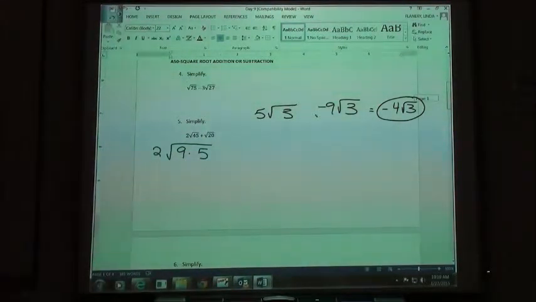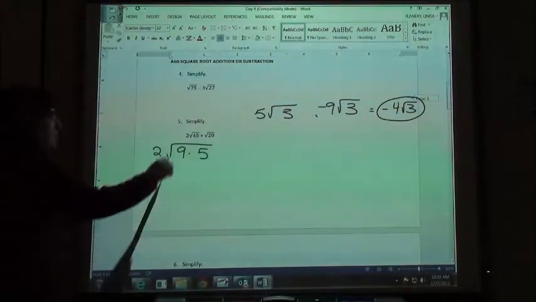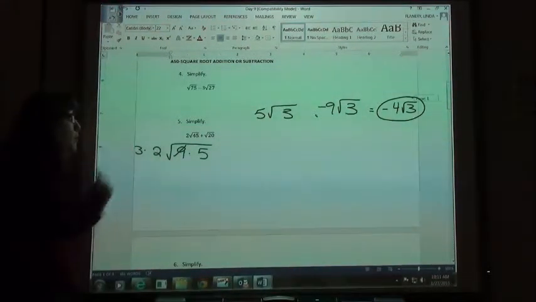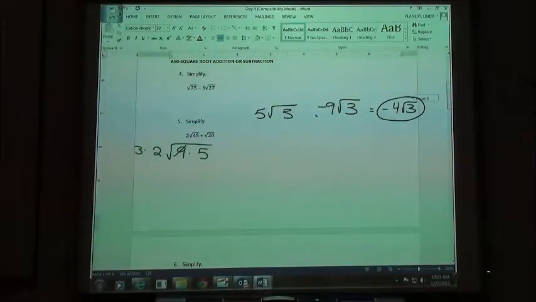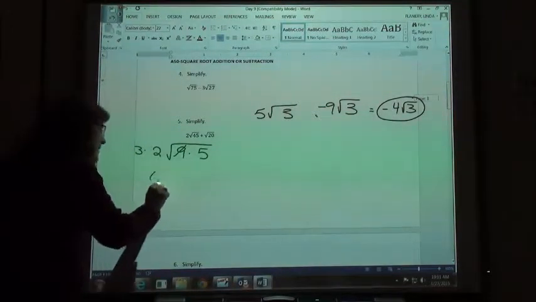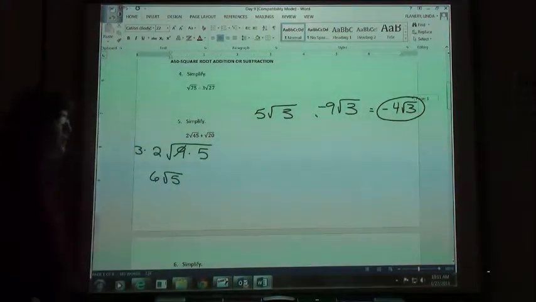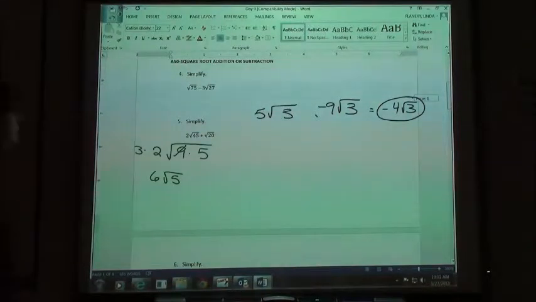The square root of 9 is 3. That's going to go out in front. We're going to multiply it by that 2 that's already out there. So 3 times 2 would give me 6 square root of 5 when I simplify that first term.